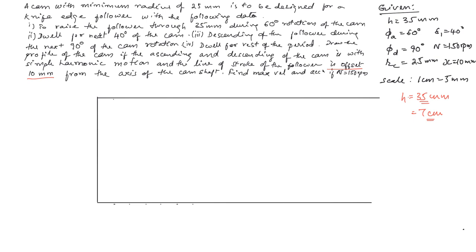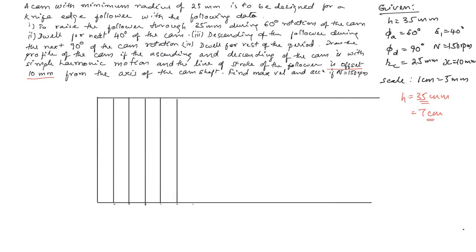Now we will divide it into 6 parts: first part, second part, third, fourth, fifth, and sixth part. Then we will leave a little bit of gap for the dwell.